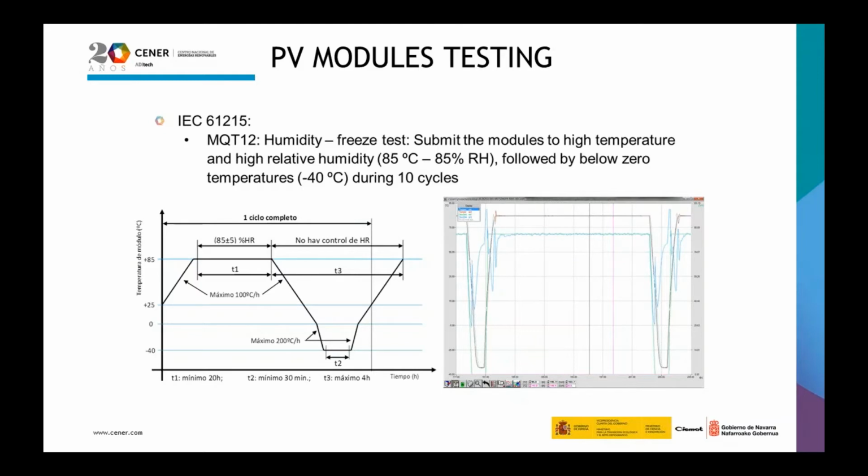And this cycle profile is repeated 10 times. And the objective of this test is to check the ability of the module to withstand the effects of high temperature and humidity conditions followed by sub-zero temperatures. This is not a thermal shock test.